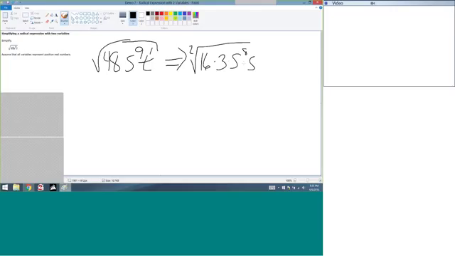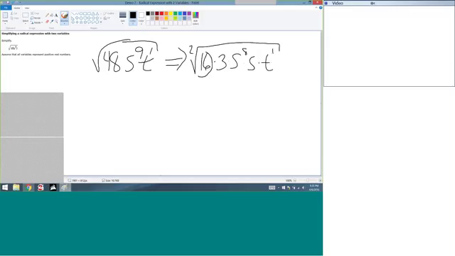Because if we split this up as s to the 8th times s to the 1st, we know by rules of exponents that that would still be able to combine and give you back your s to the 9th. So we haven't changed the value of anything, we're just making it look different, breaking it apart a little bit to benefit us. Now a t to the 1st, there's really no other way to break it down, it's just going to have to stay as t to the 1st.